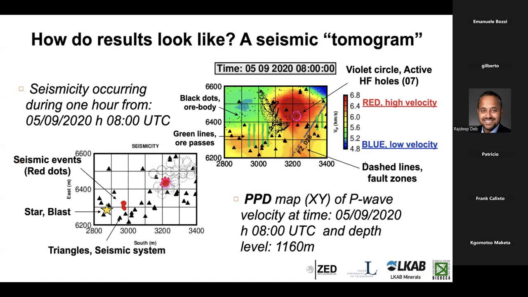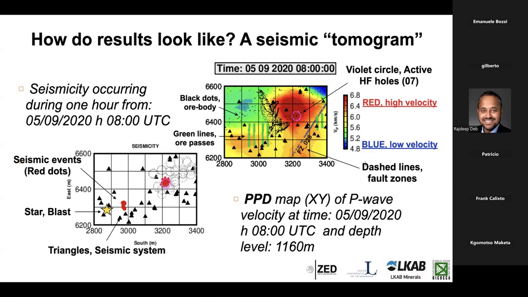I also added some more details like the fault zone, and the violet circle is the hydrofracturing hole that is active at that time. There is also the ore body and the seismic stations. I'm also presenting the seismicity in the other plot on the lower left, where you have the blasts and the seismic events as red dots, and the circles are the hydrofracturing holes.